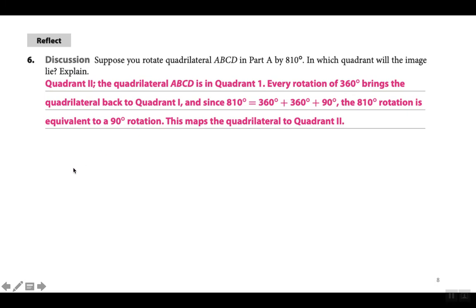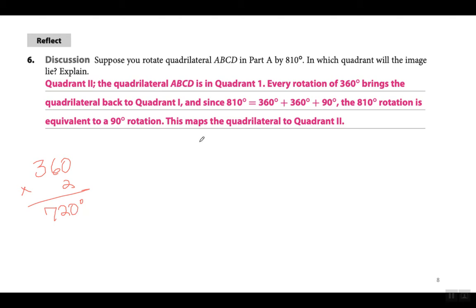So first thing to do is, we already know that 360 rotates it back to where we started. And 360 again gives you a total of 720 degrees. So if I do a 360 rotation, we're back to where I started. If I do a 360 rotation again for a total of 720, I'm also back to where I started.